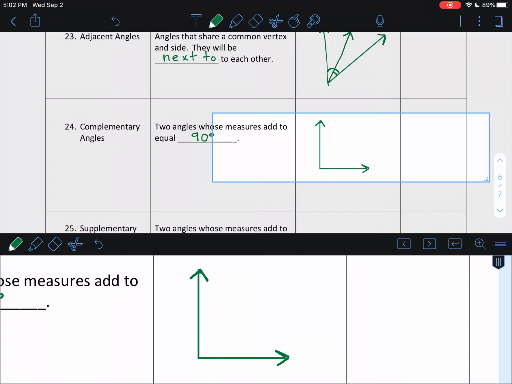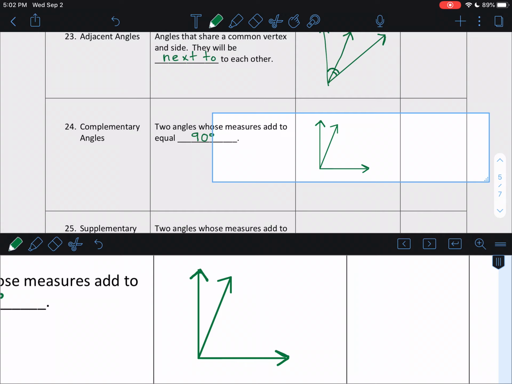Okay. Oh, I wish that started at the corner. Okay. There it is. There, that's real nice. I like this feature. Okay. So these two angles, I made them out of a 90-degree angle. So obviously, they're going to add up to 90 degrees.